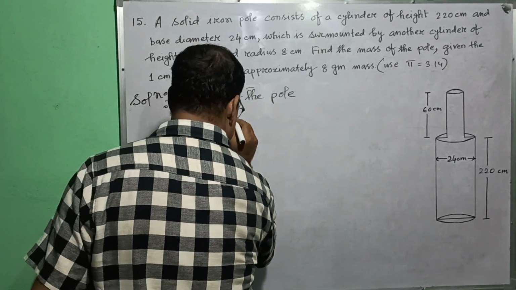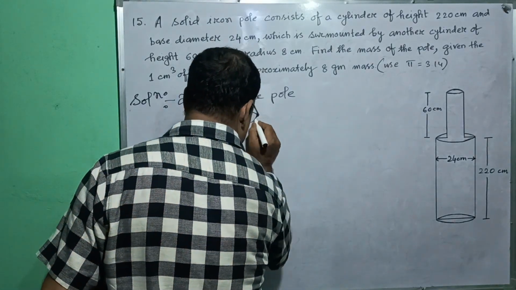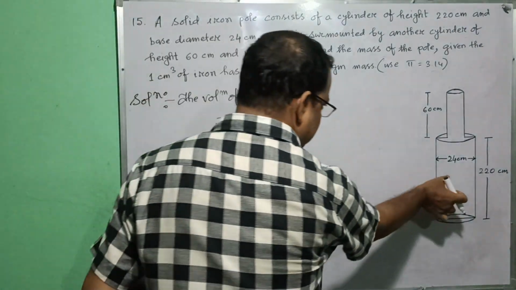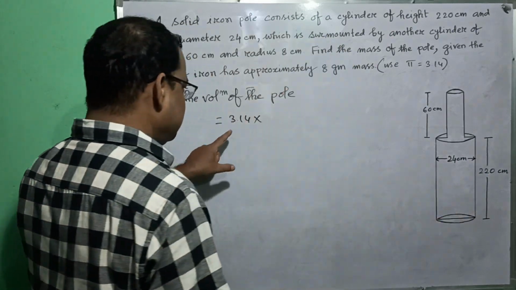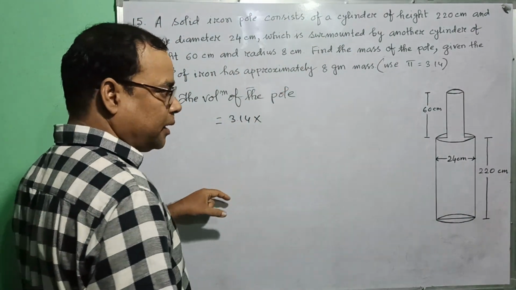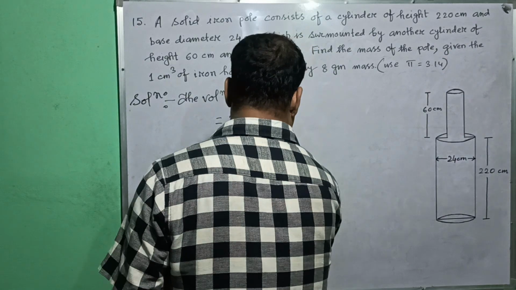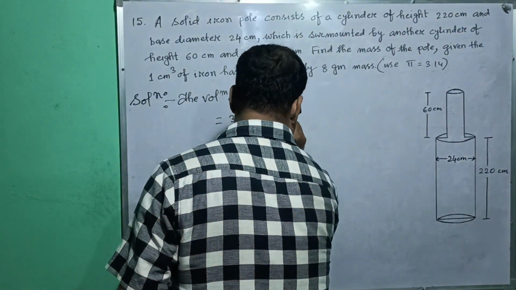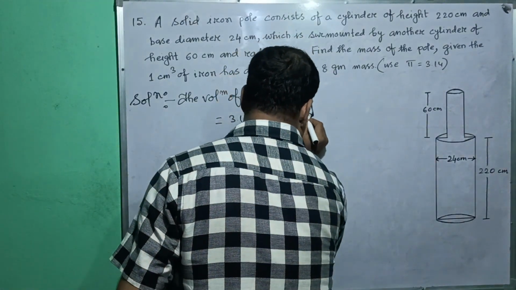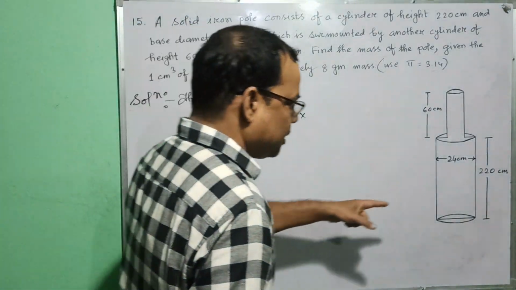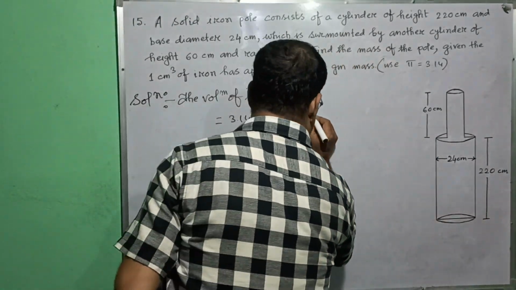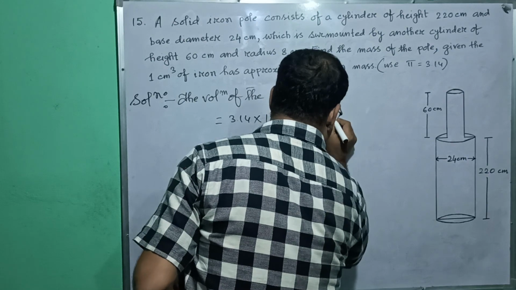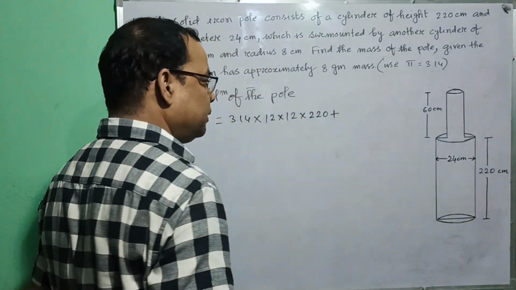So we'll write 3.14 into, so we are now finding the lower one. So 3.14 pi r square. So r is 12, so we'll write 12 into 12, that is r square, into h. So height is 220. So we'll write 220 plus, now the upper one.